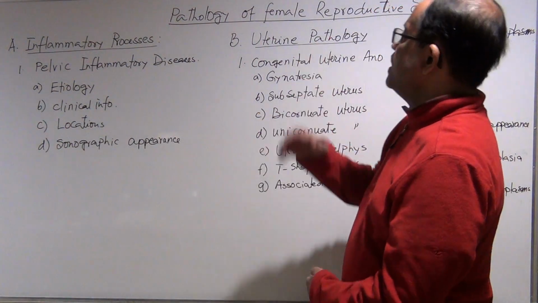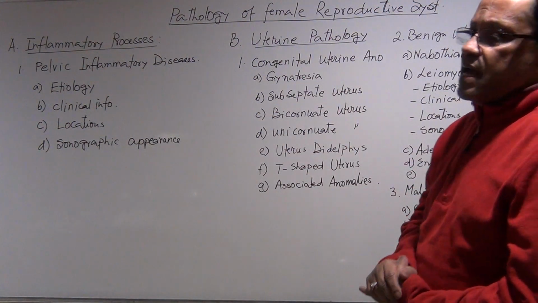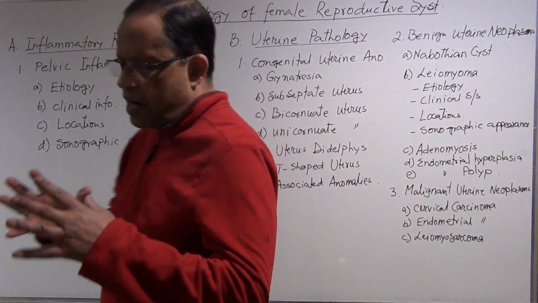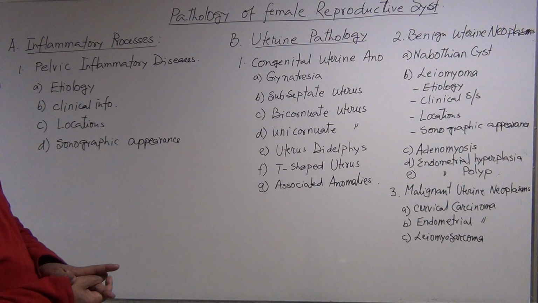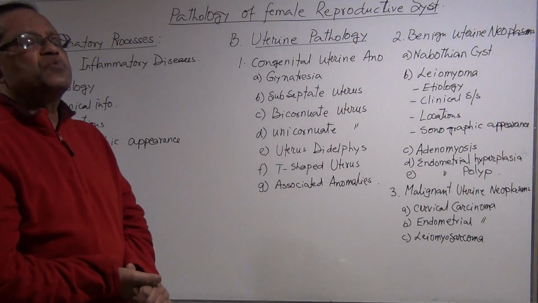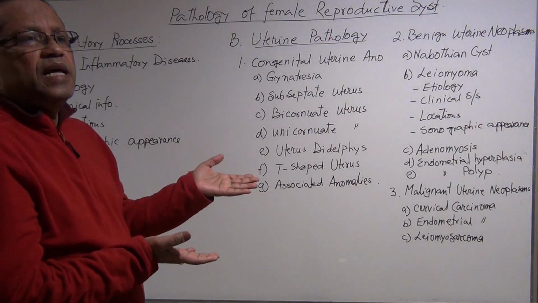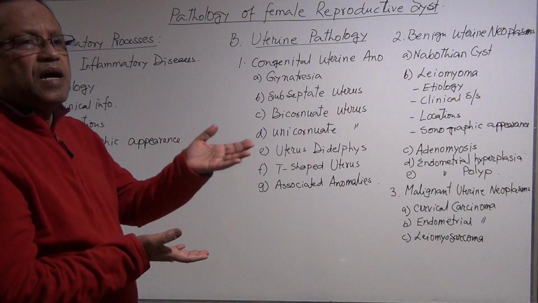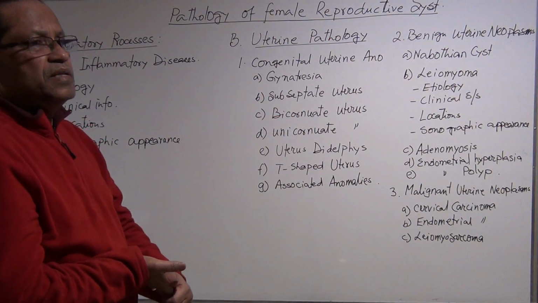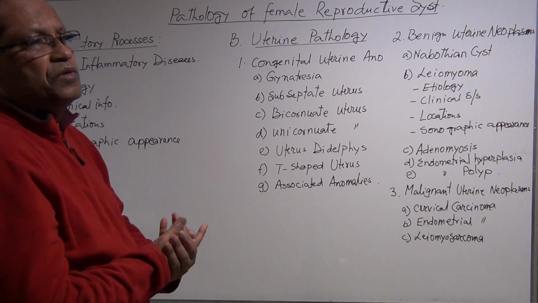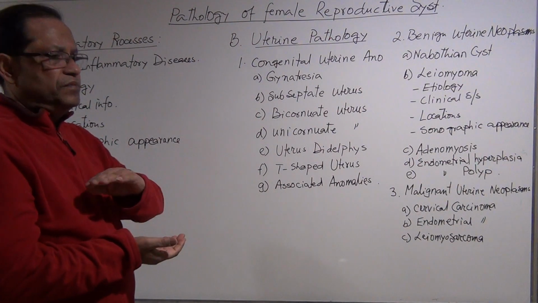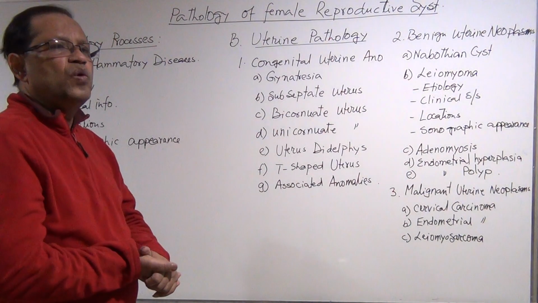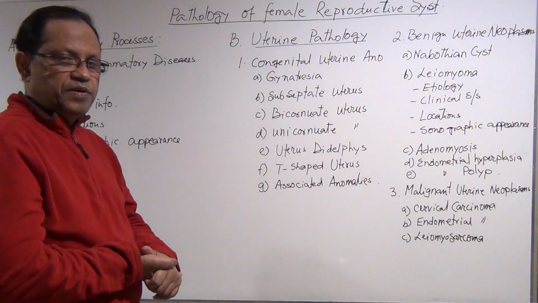But for the female reproductive system, there are very common diseases where most of the time the patient comes with symptoms and signs, and the doctor takes the history, does the physical examination, and then they need a blood report and ultrasonography.